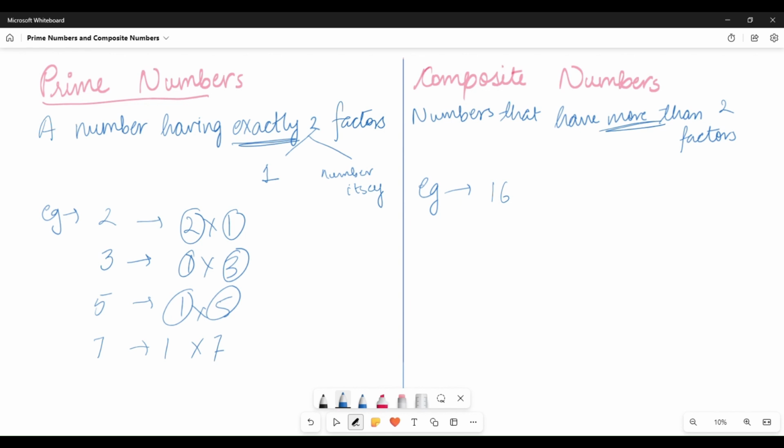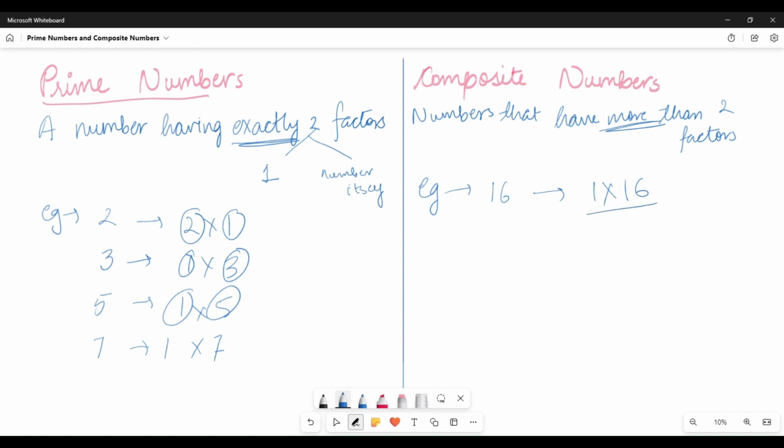So let's say 16. 16 is composite. Why? Because 16 can be written as 1 times 16. That's one of the requirements of a prime number, which is 1 and the number itself. But that's not the only way we can write 16.